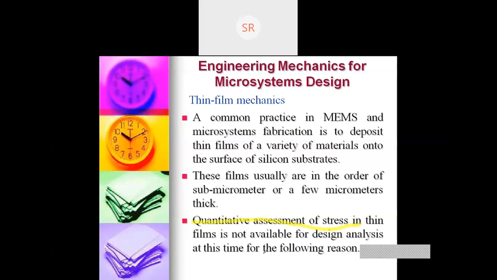Because the material is very thin, in the range of micrometers. There is no direct equation to calculate the stress falling onto that film. There is no quantitative assessment of stress in the thin film available for design analysis at this time, for the following reason. So I cannot do the quantitative assessment of the stress in the thin film.